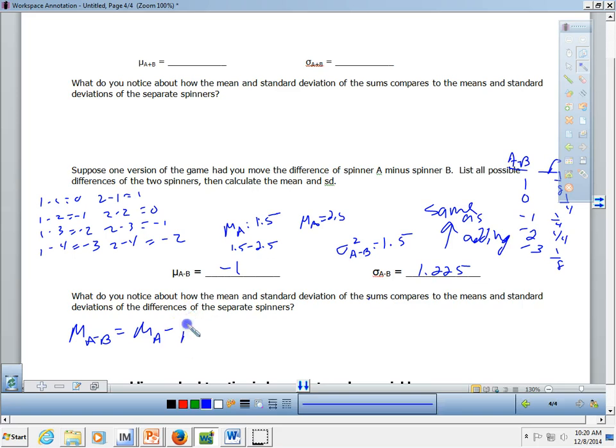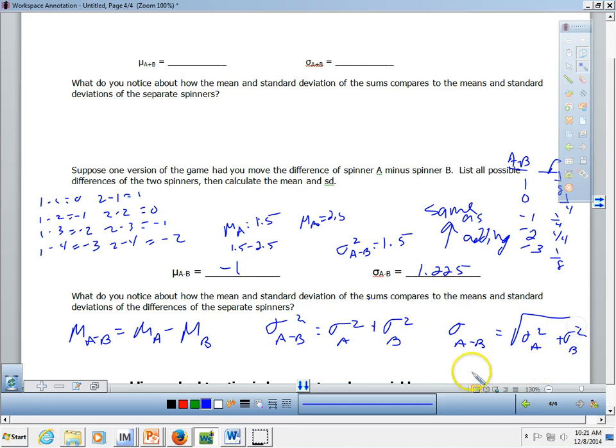That's a rough look at mu. But when we want the variance, it doesn't change from adding. We're going to add the variances here. So it's an important distinction here. And then, of course, the standard deviation becomes this Pythagorean theorem looking thing. Okay?